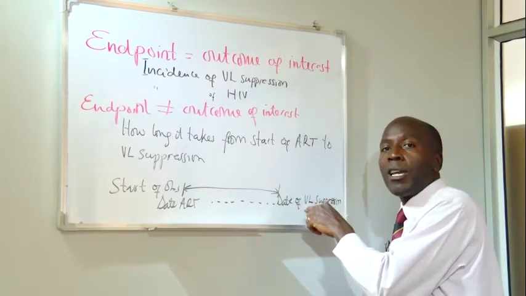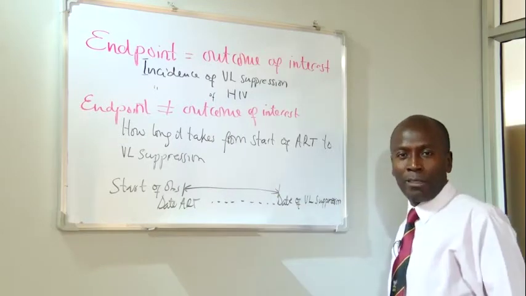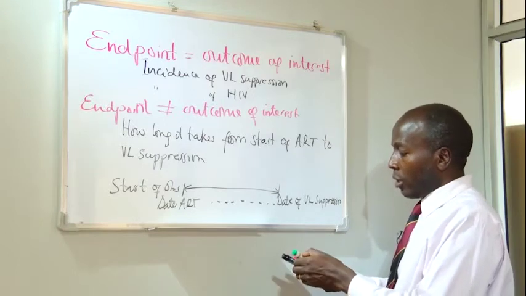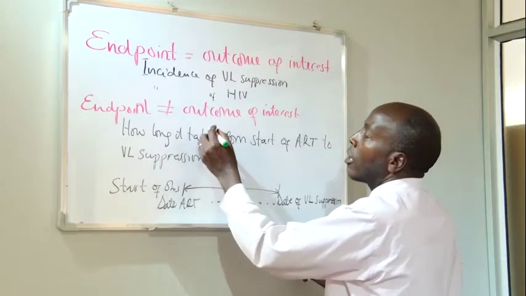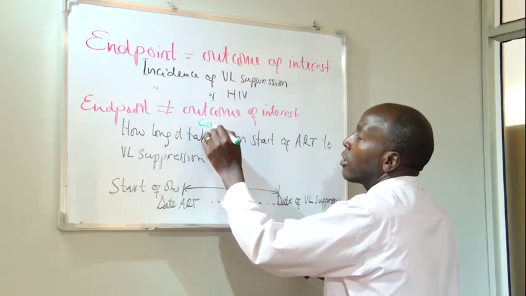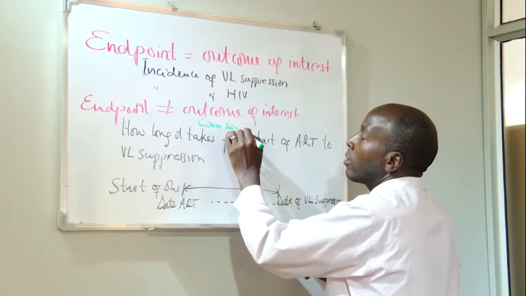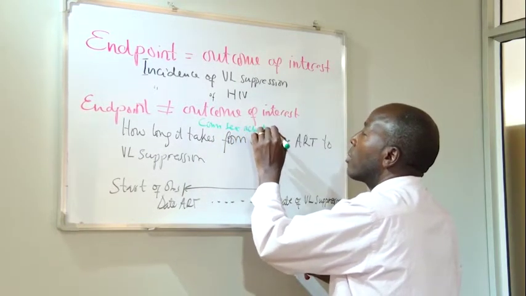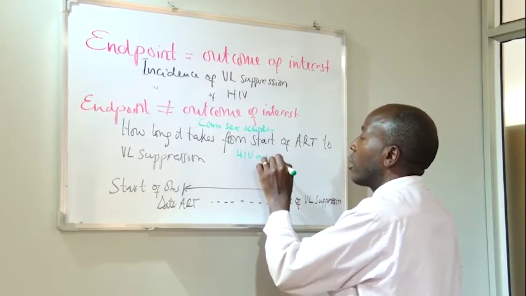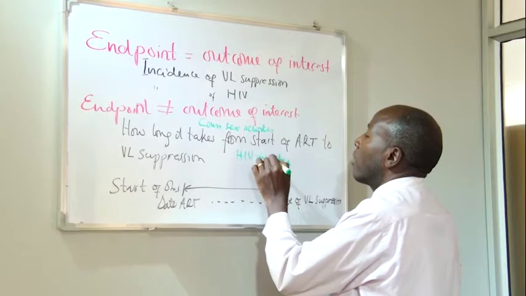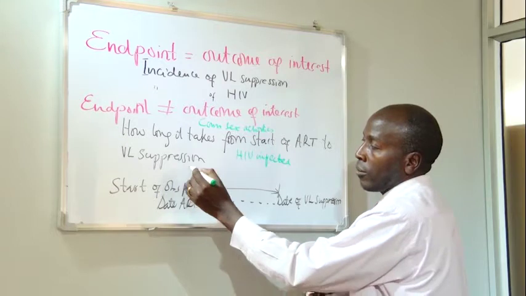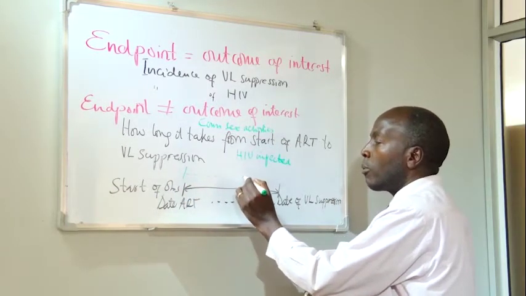But in and by itself it is not the outcome of interest. We may be interested to find out, starting from a certain behavior, how long it takes when somebody engages in commercial sex activities, when they are HIV negative, to the time they get HIV infected. Of course, we shall have a start date, and we keep taking blood from this person.